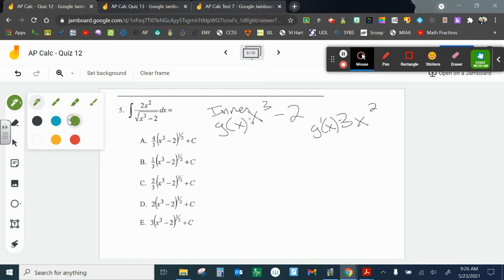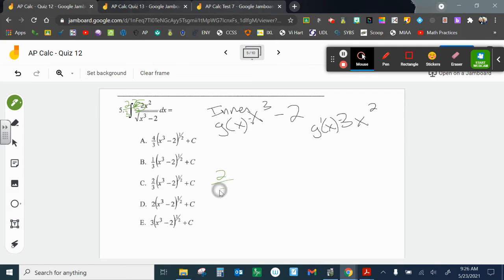Well, I don't have that, but I have a 2x squared, and I can get there. Ooh, how do I get there? I can multiply this by 3/2 on the inside. Whatever I do on the inside, I can undo on the outside, multiply by 2/3.